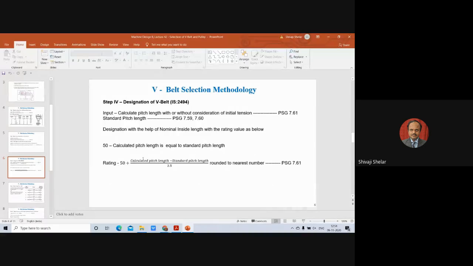The ratings are available up to 45 on the lower side, and on the higher side the rating of the V belt is available up to 55.